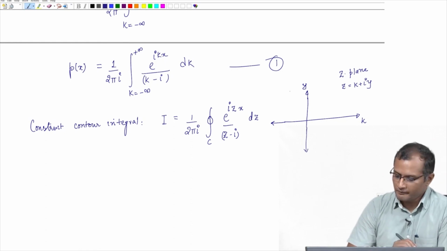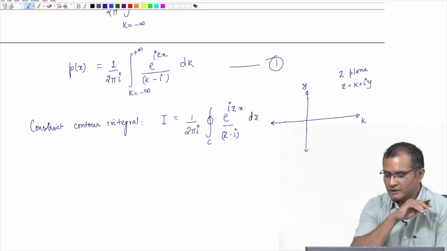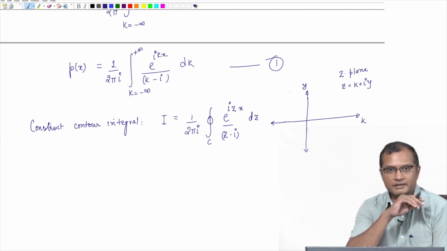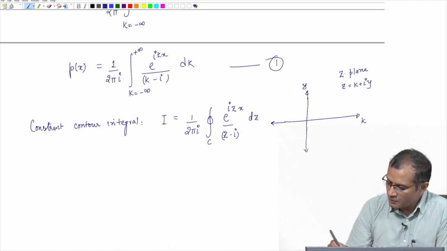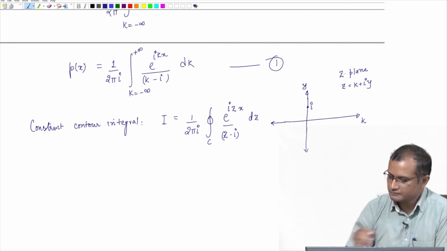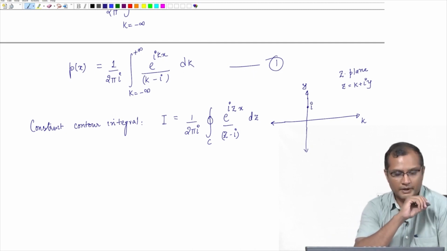Okay. And the function e to the power i z x upon z minus i has a pole at z equals i.